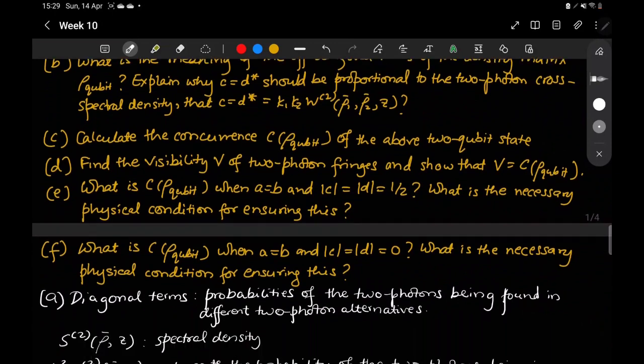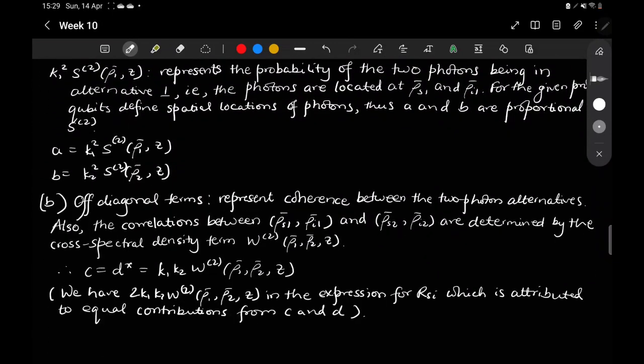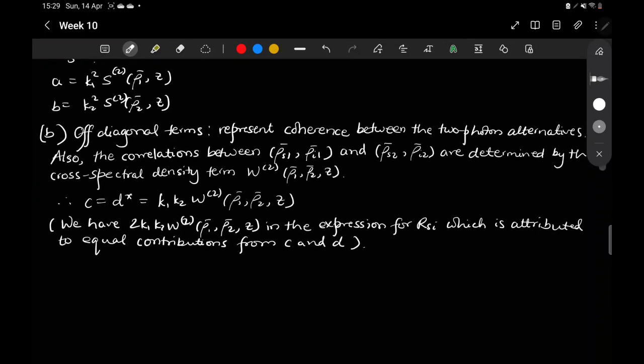Calculate the concurrence. So we need to find out now concurrence, which is a measure of entanglement.